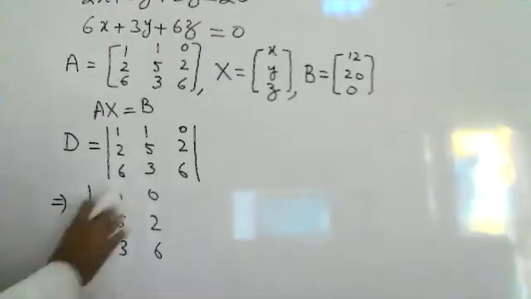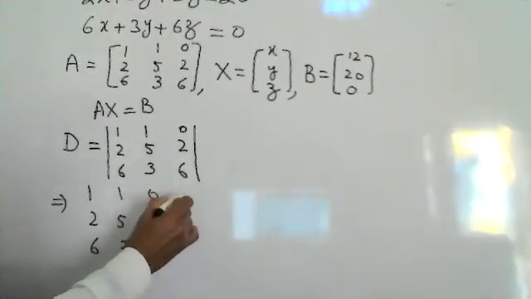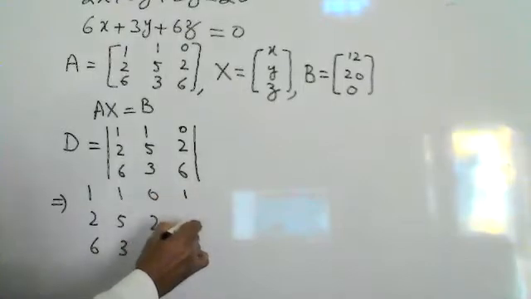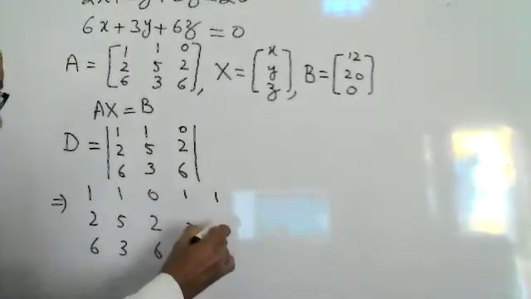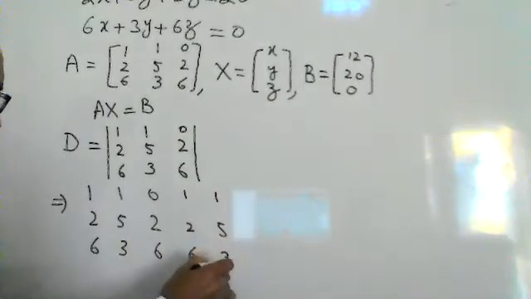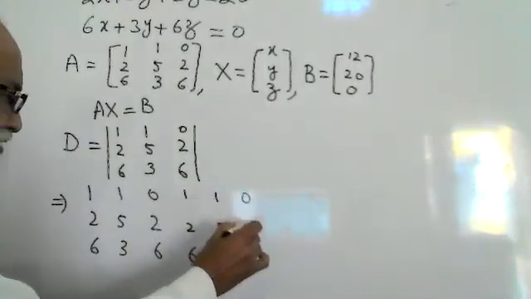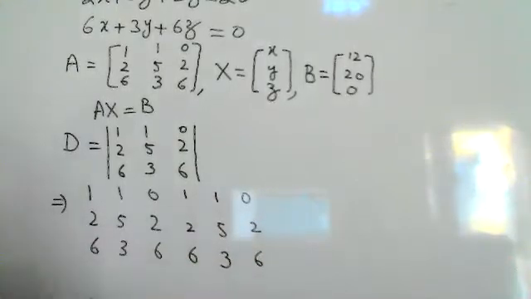And again this will be copied over there: 1, 2, 6, 1, 5, 3, 0, 2, 6. This is copied, the complete.